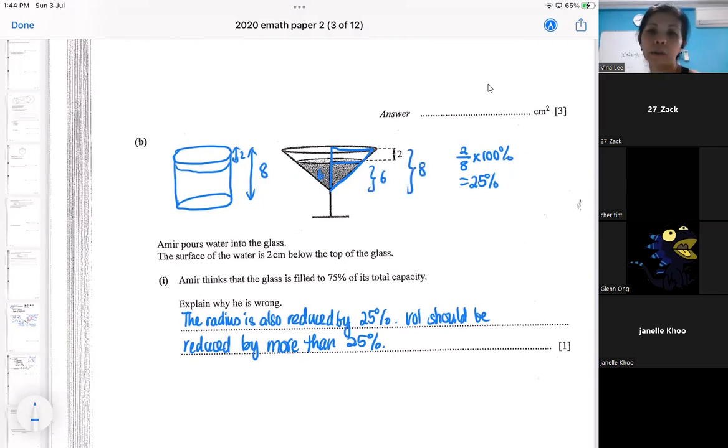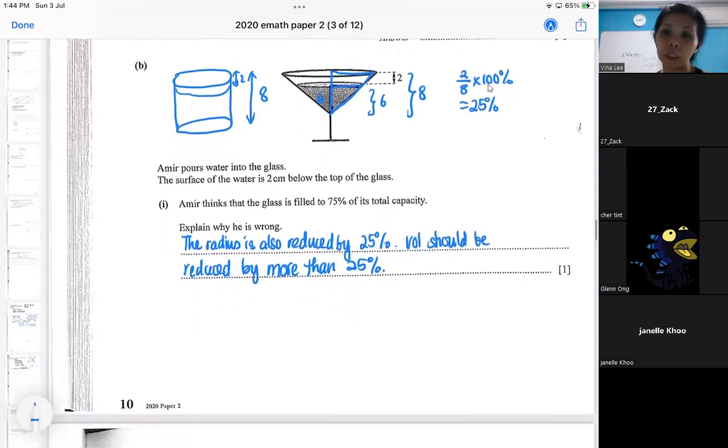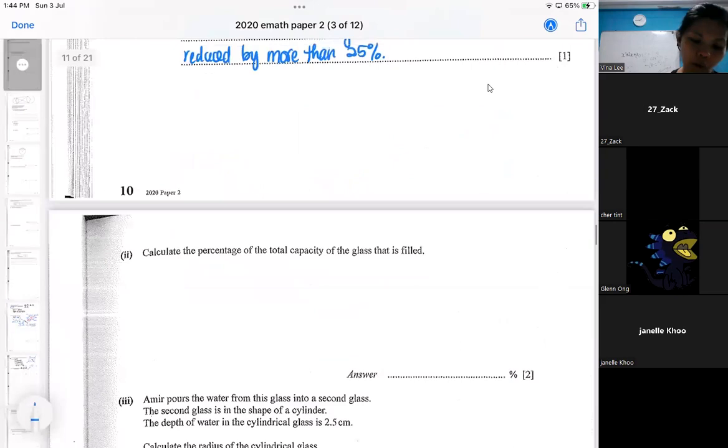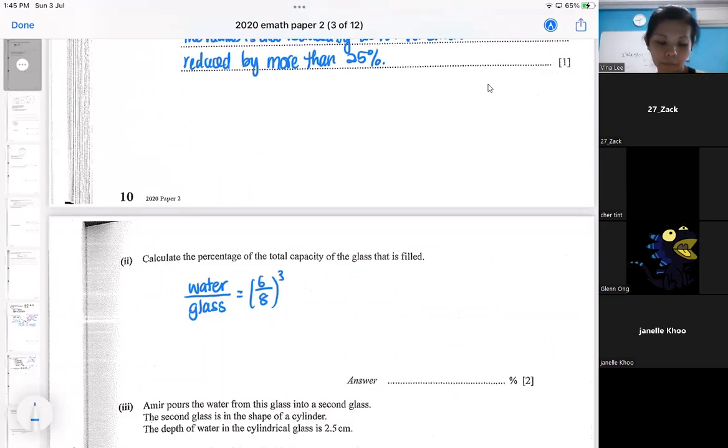You can see the similar triangle involved. Once you found that the height ratio is 6/8, that means water versus the glass should be 6/8 cube. So from here, you can calculate the percentage.